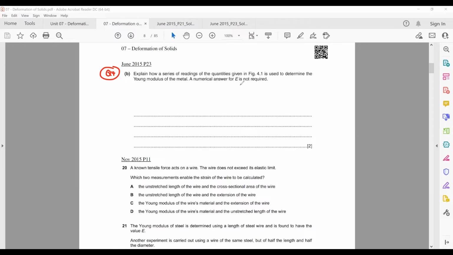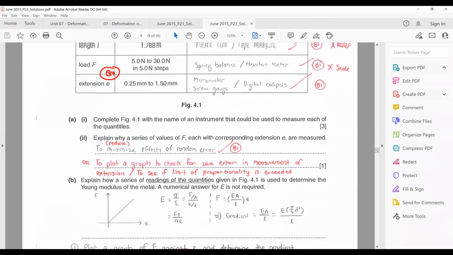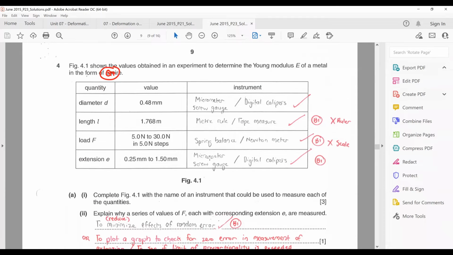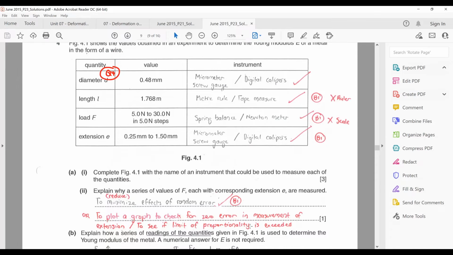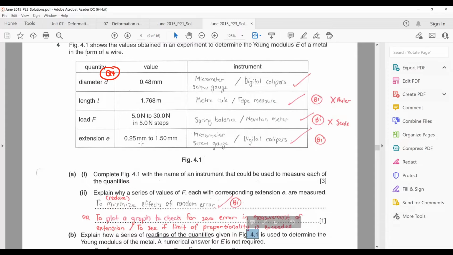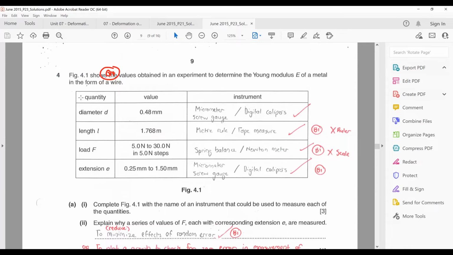The one that you see here in the next page, June 15 P23 refers to question 4, part B. Explain how a series of readings of the quantities given in figure 4.1 is used to determine the Young's modulus of the metal. A numerical answer of E is not required. Okay, this one is actually referring to this question. Your question didn't give you what figure 4.1 was.